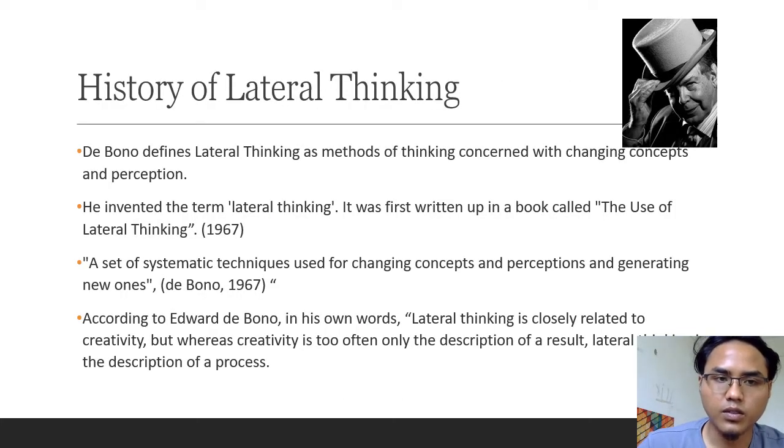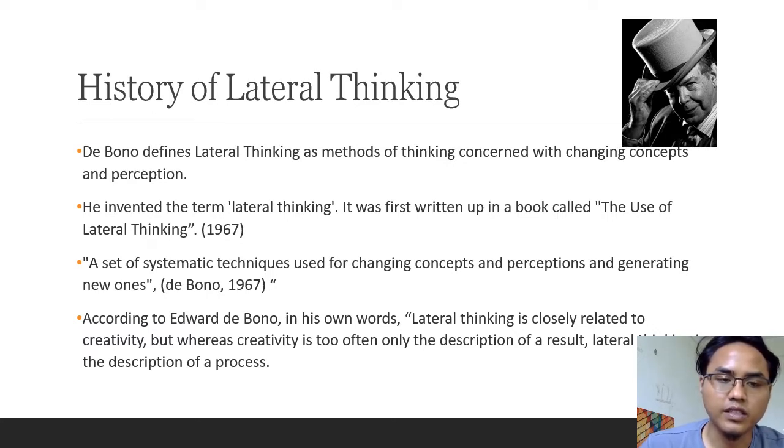Now we go to the history of lateral thinking. De Bono defined lateral thinking as a method of thinking concerned with challenging concepts and perceptions. He also invented the term lateral thinking. It was written up in the book called The Use of Lateral Thinking in 1967.